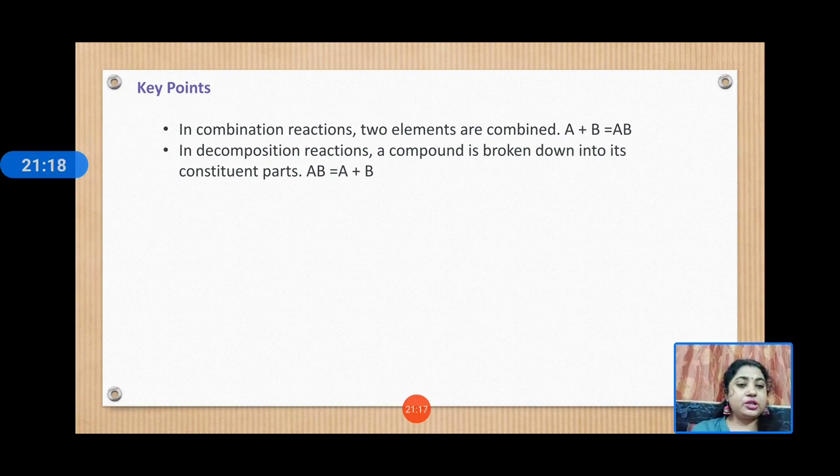First practice whatever questions are given in your book. Try to understand what is oxidation, what is reduction, how oxidation number is increasing, how decreasing, oxidizing agent, reducing agent. Go through everything, and then I will start my next lecture on different types of redox reactions plus balancing of redox reactions. Okay, thank you children.